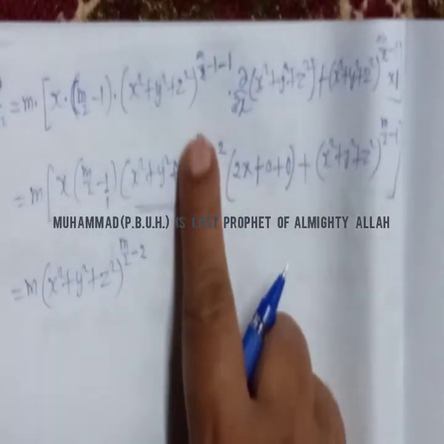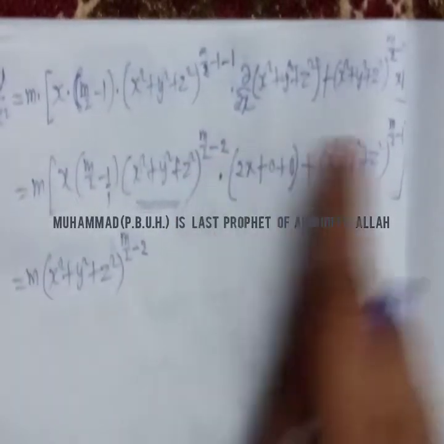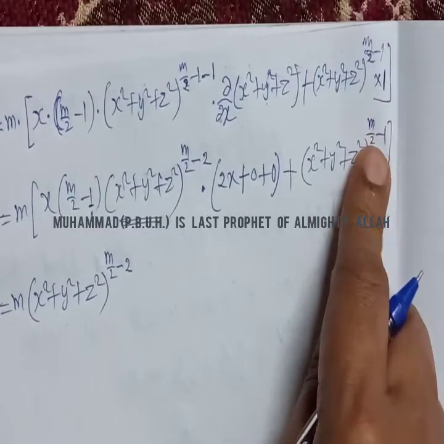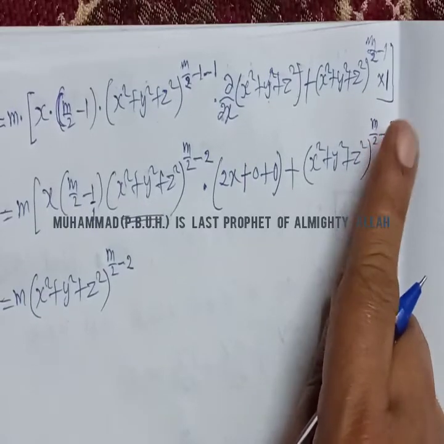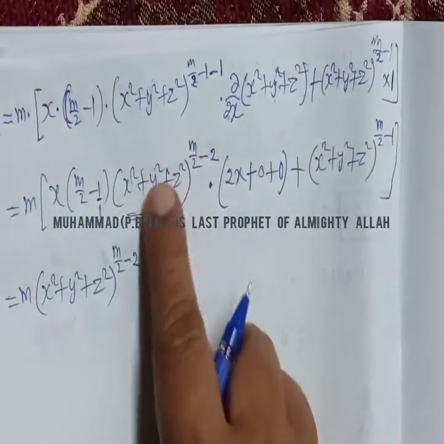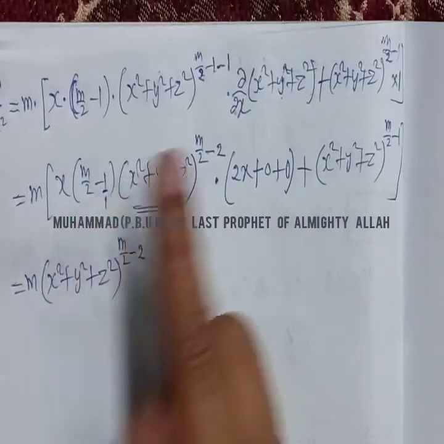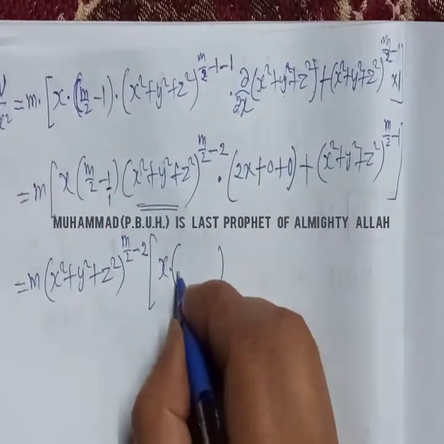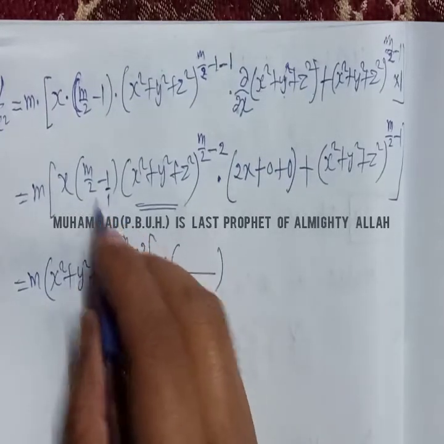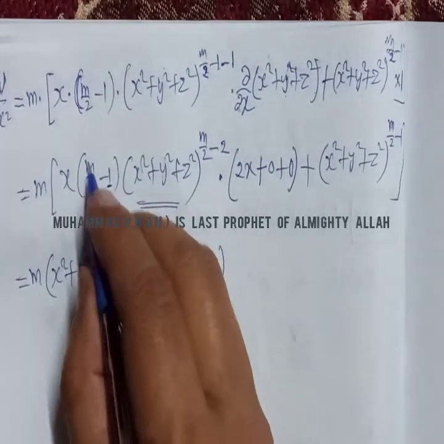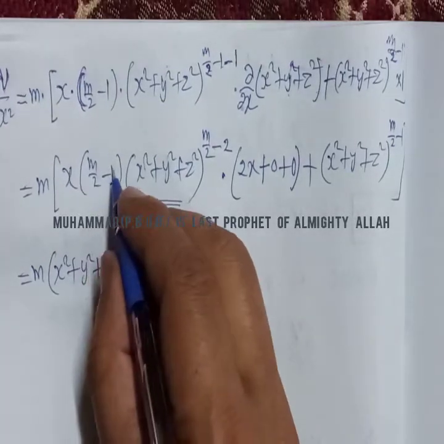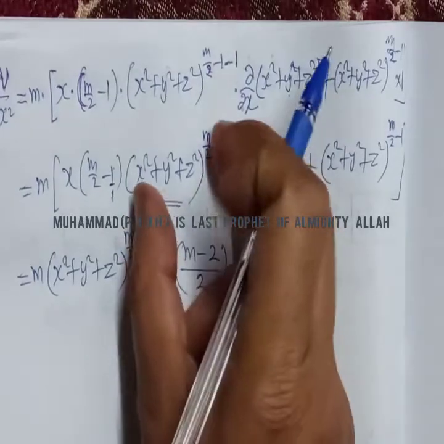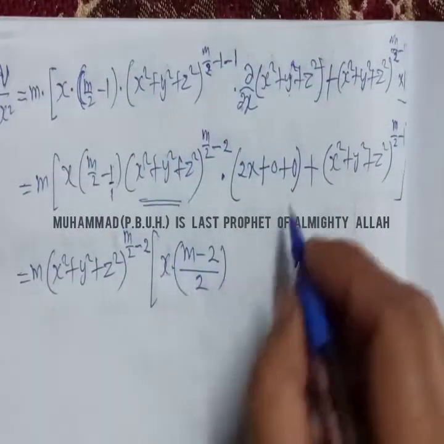We know that m/2 minus 2 is less than this value, m/2 minus 1, so I take this value outside the bracket. We get x, and I say 1 and 2 LCM equal to 2. 1 multiplied by m we get m, 2 multiplied by 1 equal to 2. We take out the whole thing from this bracket only.